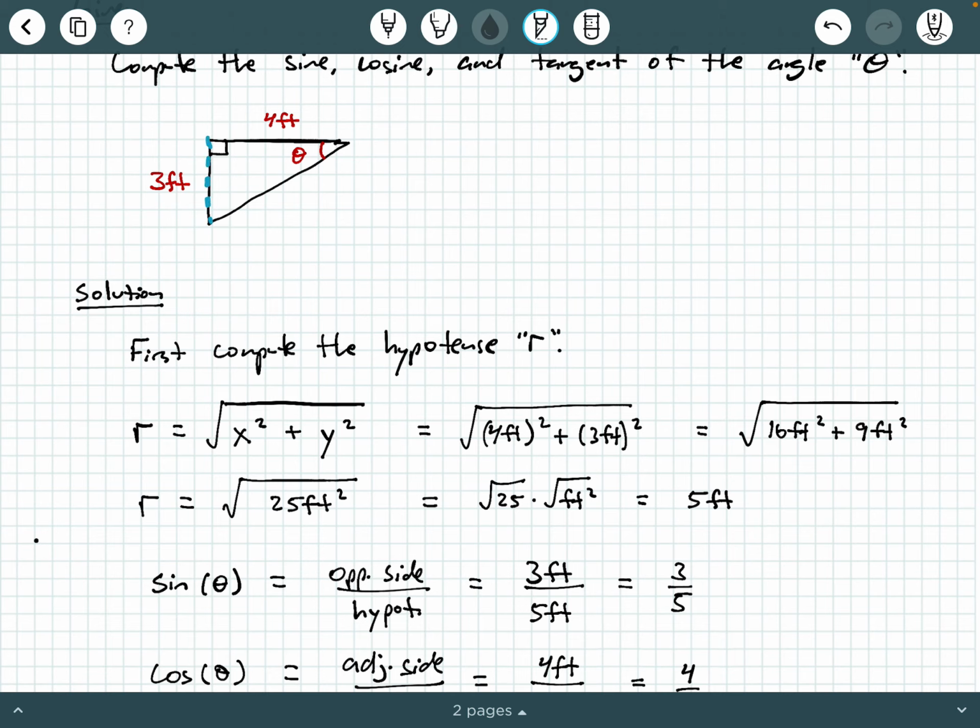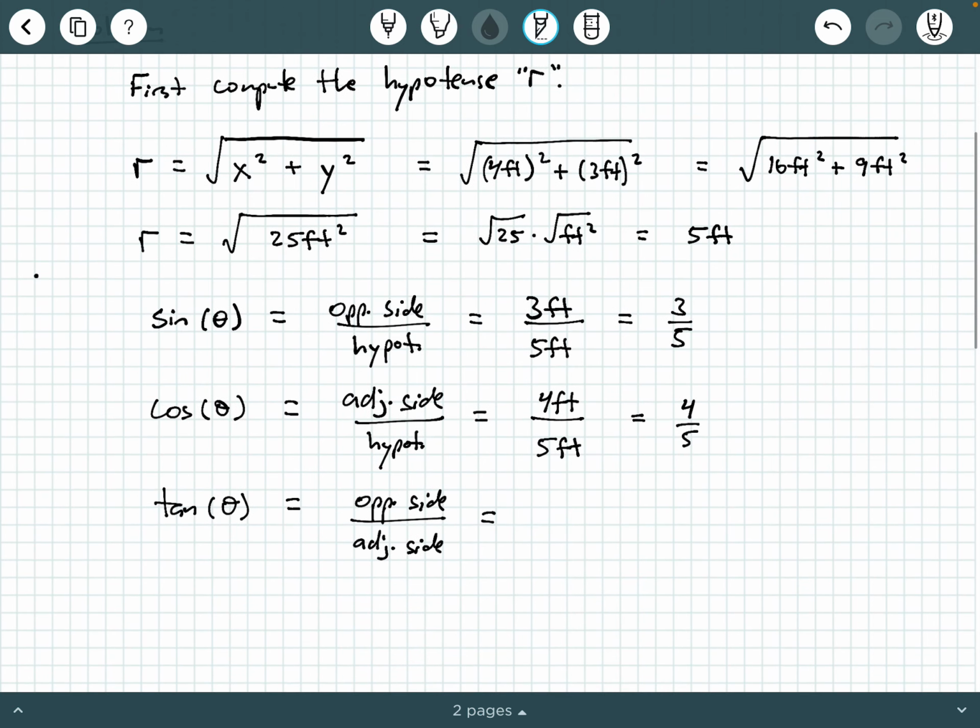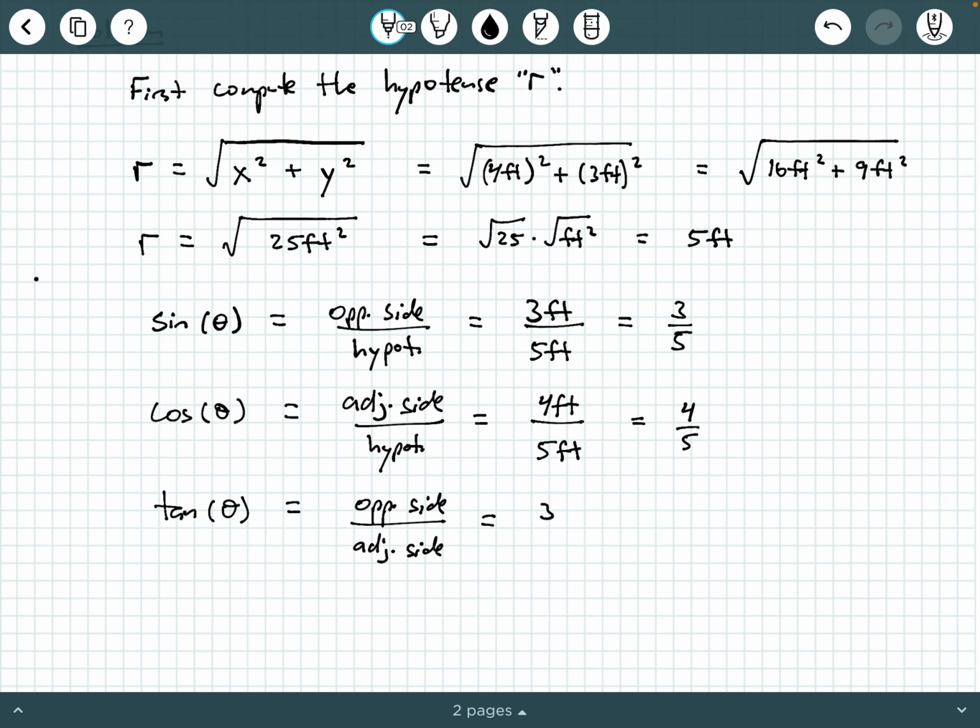Well, that's 3 feet. And what is the length of the side that is adjacent to theta? That's not the hypotenuse, of course. That's 4 feet. So we're going to write that this is 3 feet over 4 feet. And of course, the units of feet cancel and you're left with 3/4.